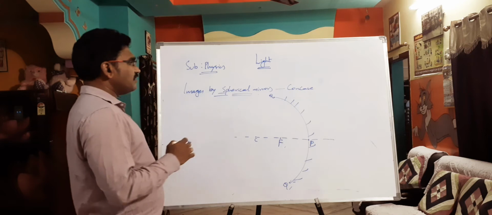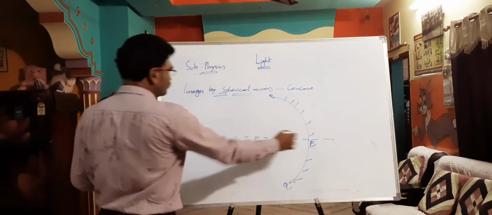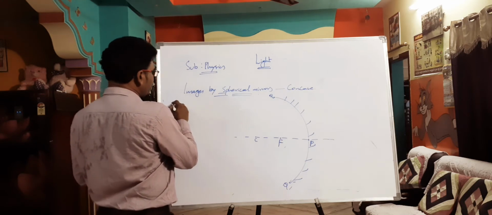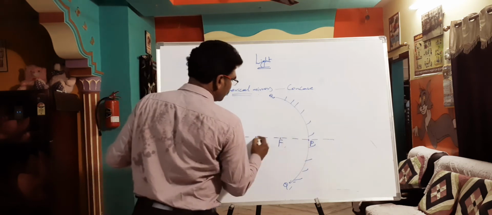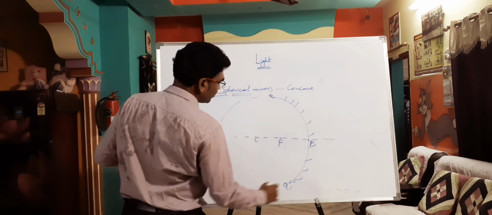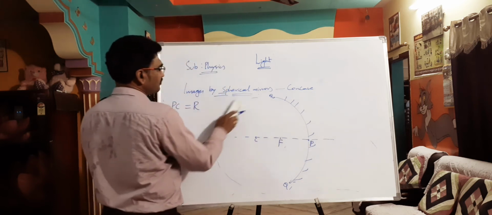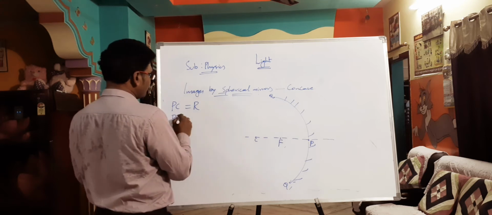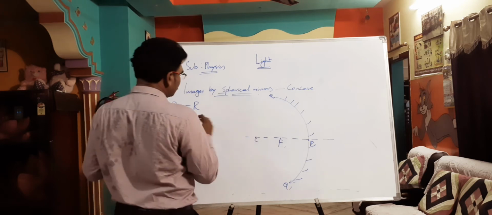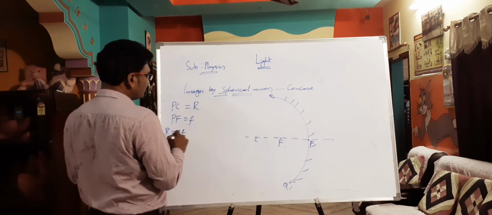One important point: this is the center of curvature, and PC is nothing but the radius R. C to P is the radius of curvature, as we discussed in the earlier class. And PF is nothing but the focal length F, and of course R is equal to 2F. This is another important one.